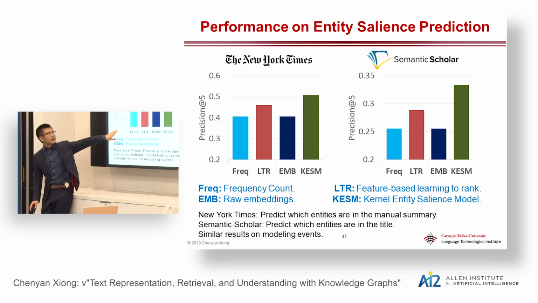And also here, there is another data set, the New York Times one. It's 500,000 news articles, and all of them have expert-written summaries. The entities that appear in the expert-written summary are considered important, and those that do not appear are considered not important. So you have some automatic labels at the entity level for the two data sets.